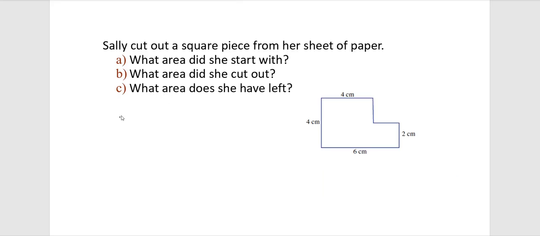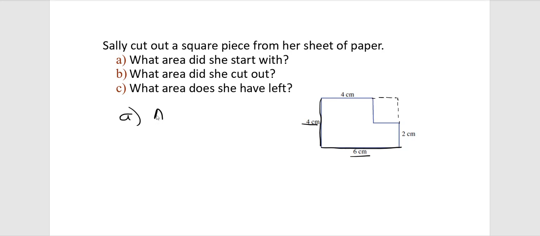Okay, so for A, it says what area did she start with? So we know she had a rectangular piece of paper. So I'm going to just show that whole rectangle using the dotted line. Okay, so before she cut out that square, we had a whole rectangle. So we're going to work out the area of the whole rectangle. Well, the whole length is 6 centimeters, and then the whole width we can see is 4 centimeters.